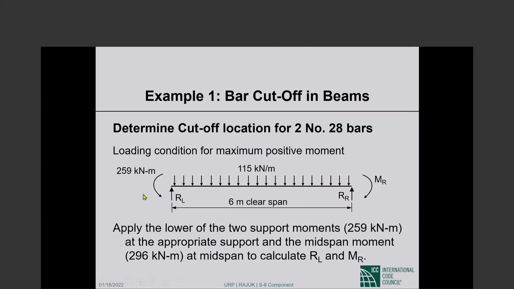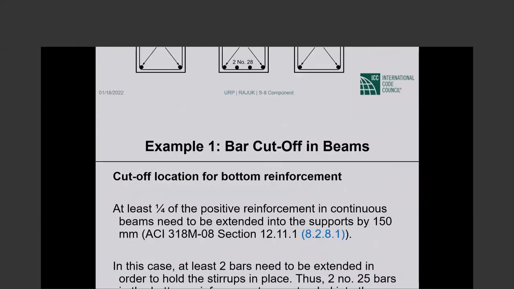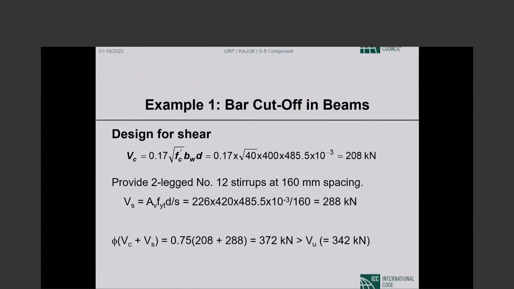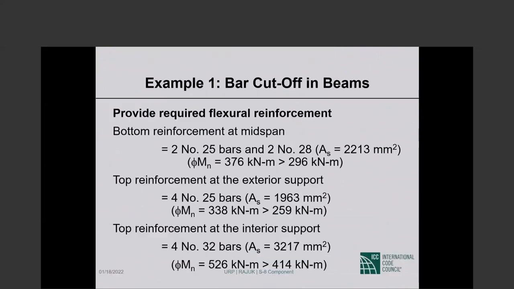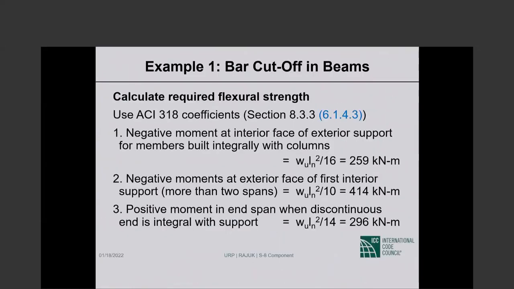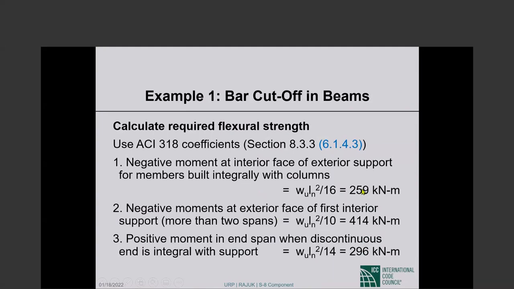For maximum positive moment, apply the lower of the two support moments, in our case the 259 kilonewton meters at the appropriate support, and the midspan moment, so 259 and 296, where remember 259 at the exterior support, 296 in the span. This is at the very first page of the example.